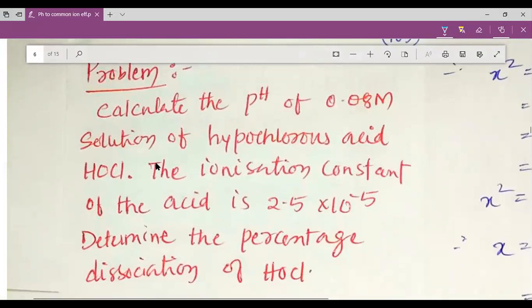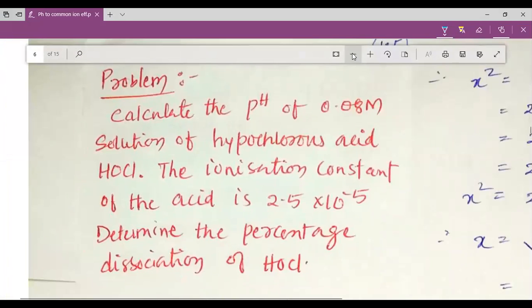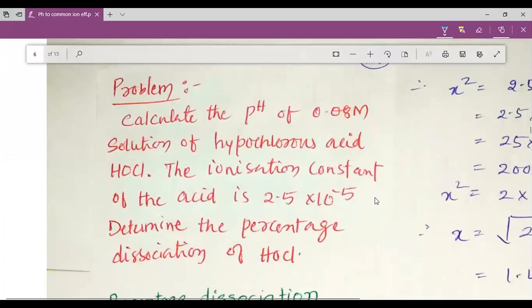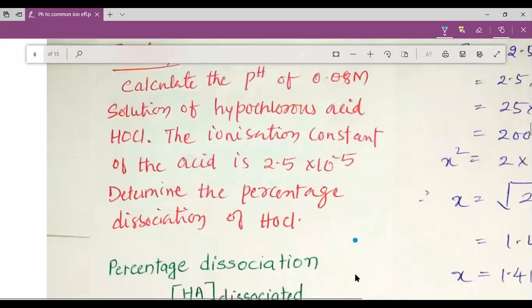Calculate the pH of 0.08 molar solution of hypochlorous acid, HOCl. The ionization constant of the acid is 2.5 into 10 to the power minus 5. Determine the percentage dissociation of HOCl. So let us here determine the percentage dissociation.